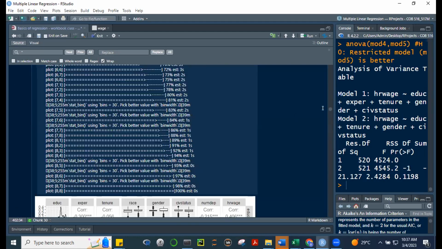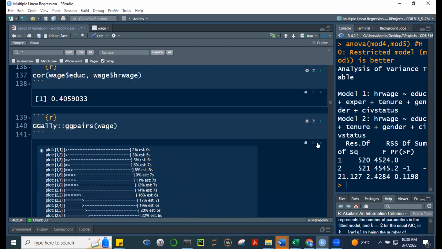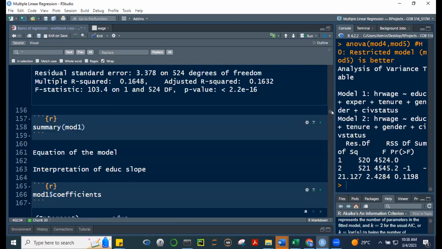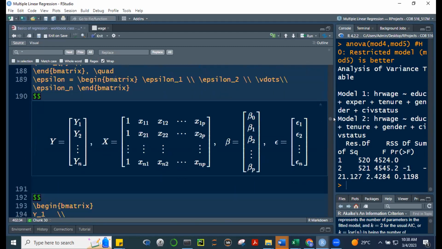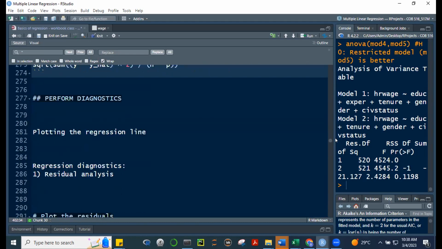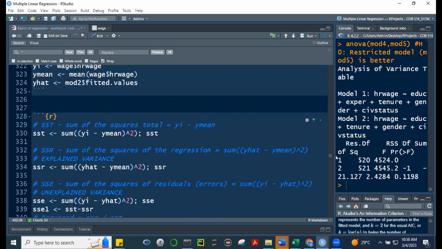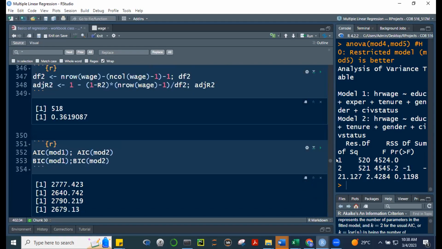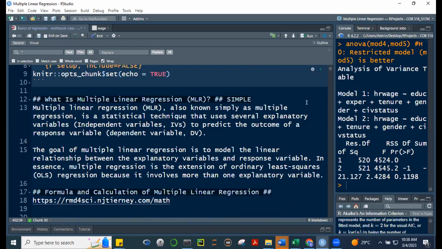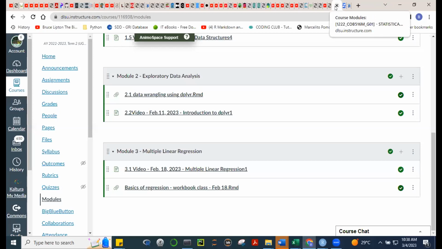I shared with you a site for writing the equation for your model.